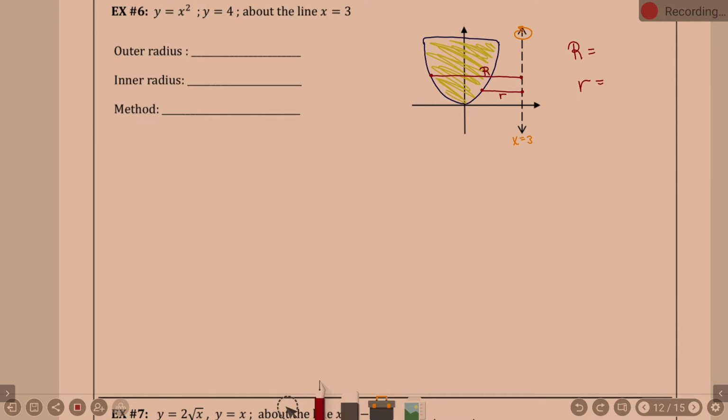Our original equation was y equals x squared. So what do you know when you solve that? And it's not just the square root of y, it is plus or minus the square root of y. That matters. So when we go with big R, what's big R going to be?